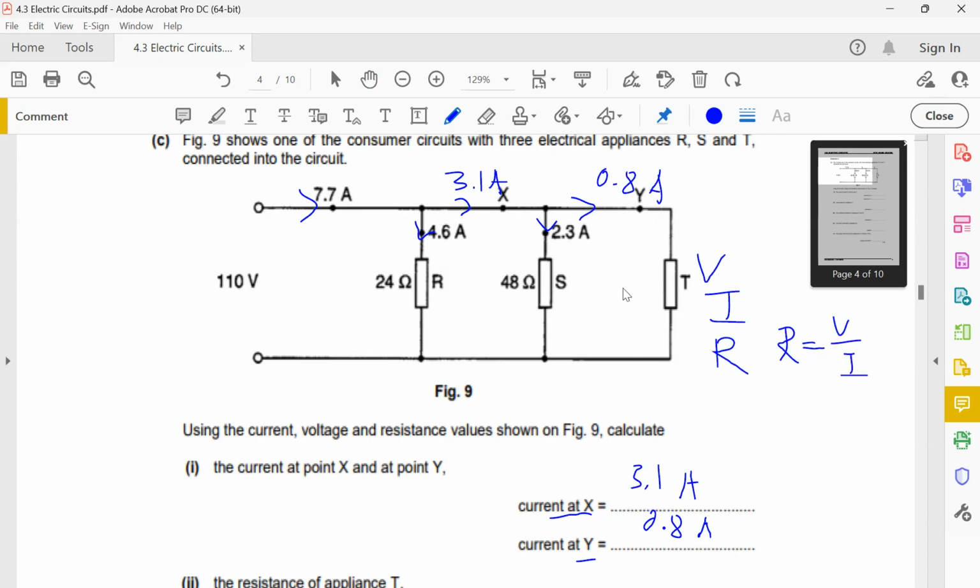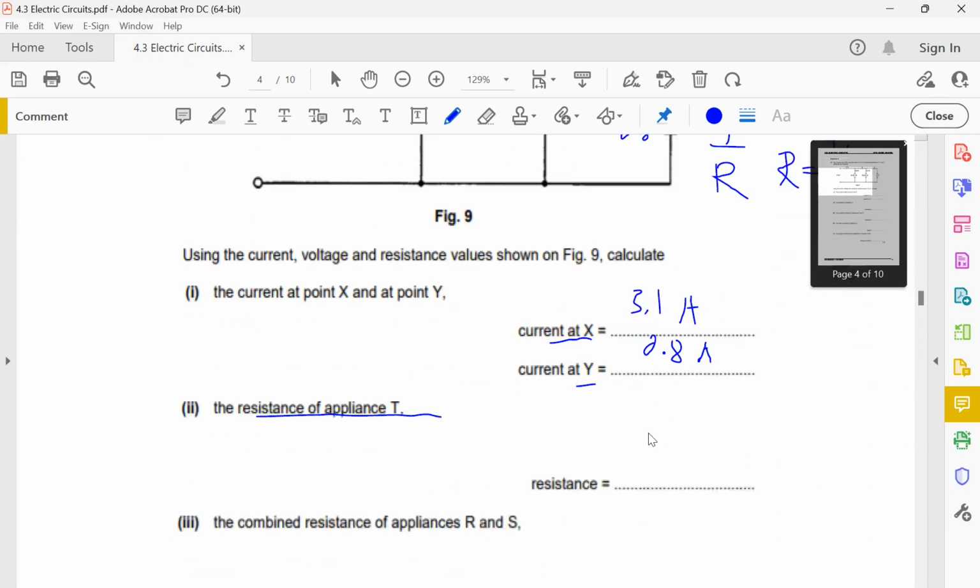Which in this case will be 110 divided by 0.8, and if you press it in the calculator, you're going to get quite a big number. How much is the number? 137.5, right? But do I write 137.5 here on the dotted line? No. How many maximum? Maximum 3 significant figures, which is 138 ohms, guys.